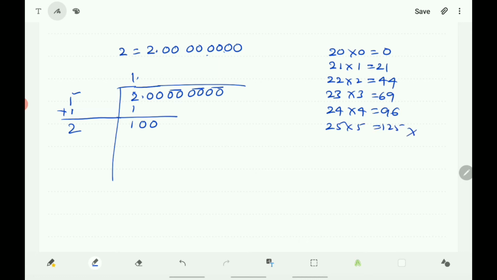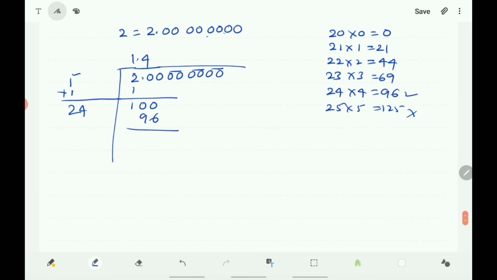It is more, and 96 is suitable here. So it is 24 into 4, 96. 100 minus 96, that is 4.